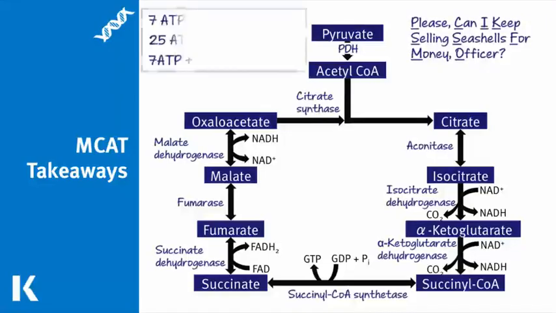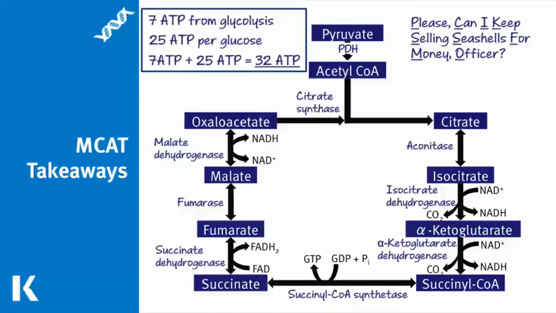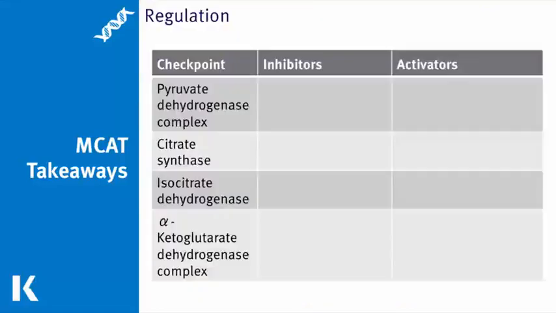As for energy that is produced during respiration, we want to know that 7 ATP come from glycolysis, 25 ATP come from the rest of aerobic respiration per molecule of glucose. This leads to a net yield of 32 ATP per molecule of glucose. As for regulation, we want to know that the citric acid cycle is controlled upstream by regulating the pyruvate dehydrogenase complex.